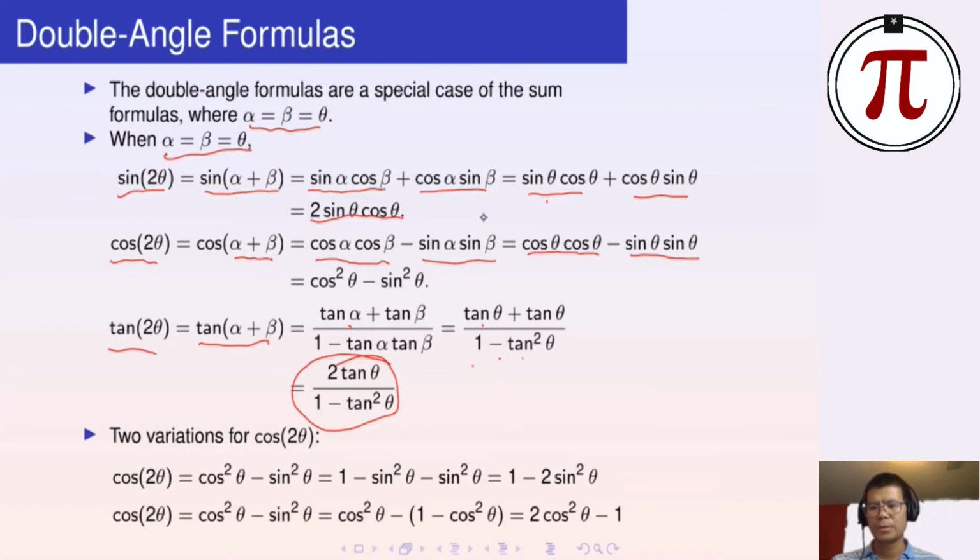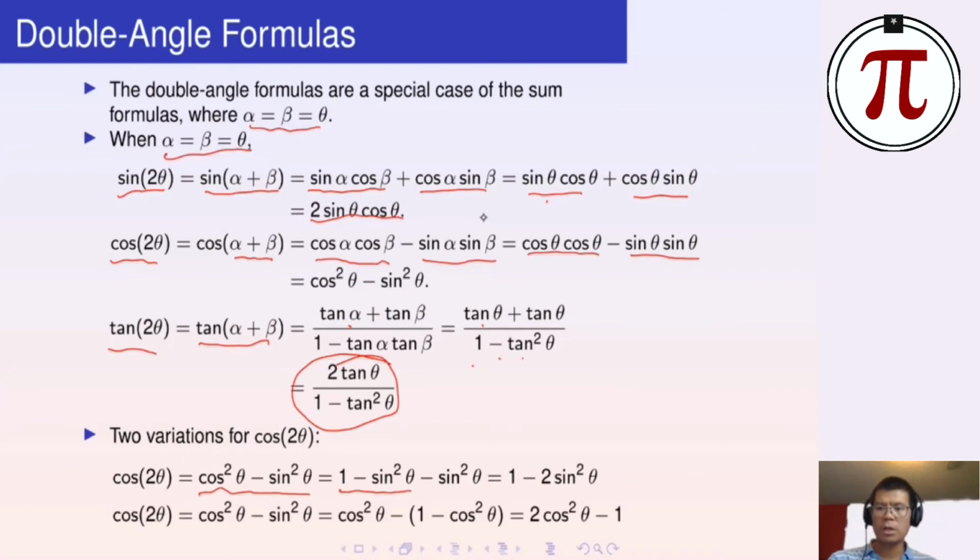Here we also have some variations for cosine 2 theta. Cosine 2 theta, as we know, equals cosine squared minus sine squared. Well, cosine squared equals 1 minus sine squared, the Pythagorean identity.